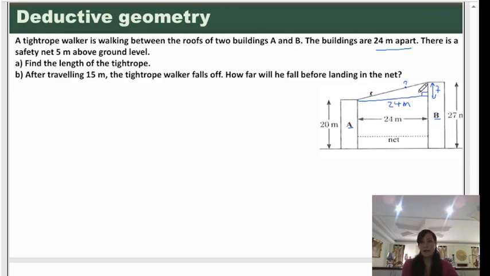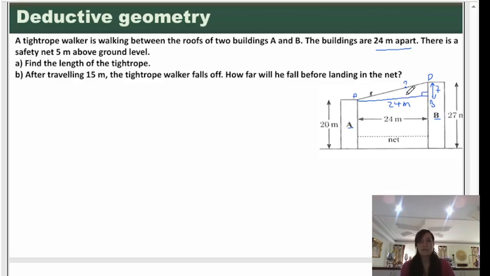Now I can use this triangle here. Let me label it: this point is B and this point is D. So for triangle ABD, I find a right angle triangle, so I can use the Pythagoras theorem.